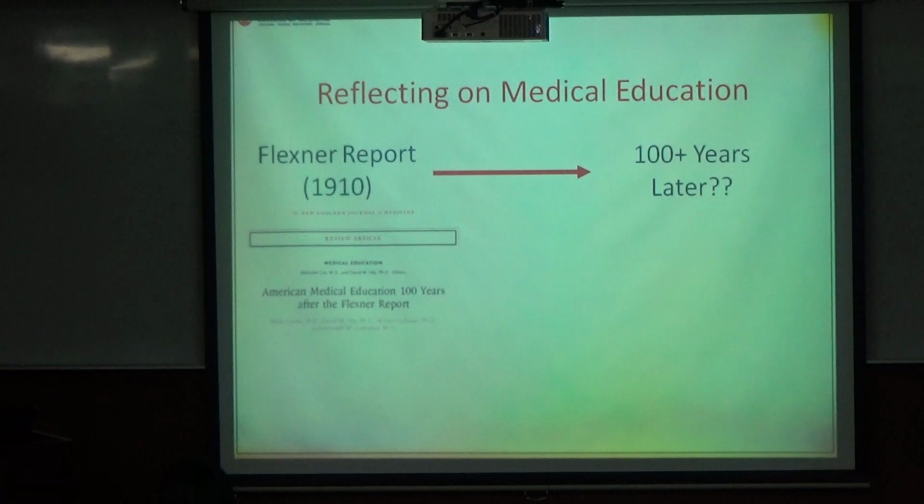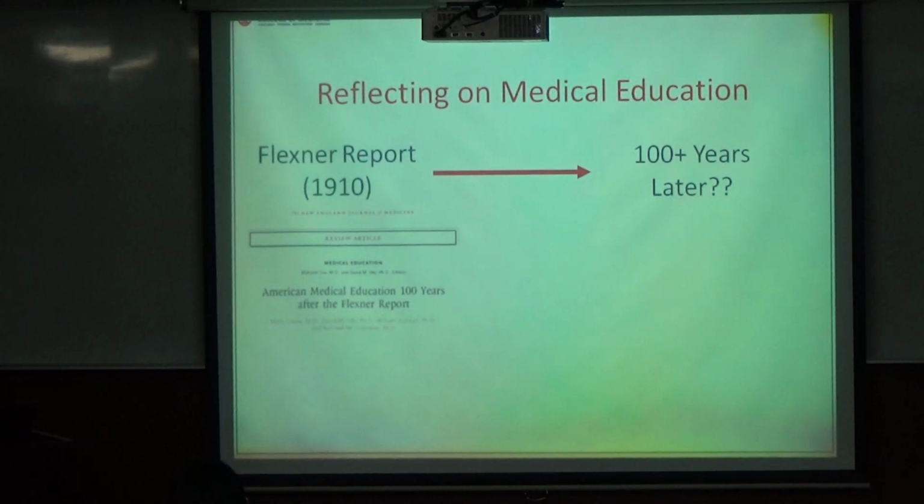And I think a lot of it had to do with the Flexner report, because this was published in 1910, and we're now reaching this point of 100 years after the Flexner report, and so people have been really questioning, is the medical education system happening correctly? Are we on the right path? Should we continue with the Flexner report?